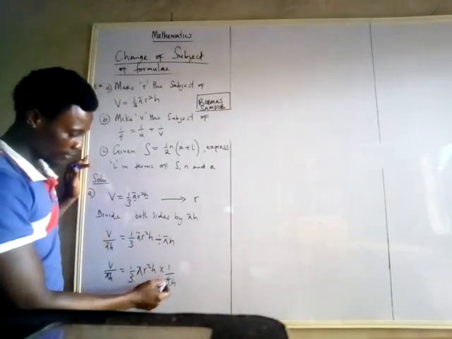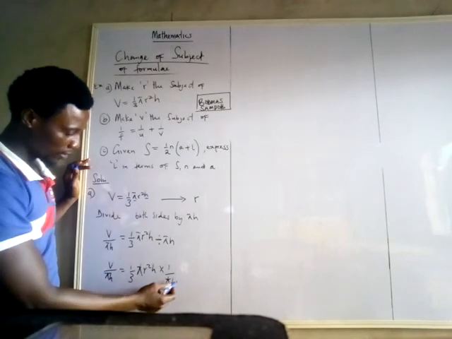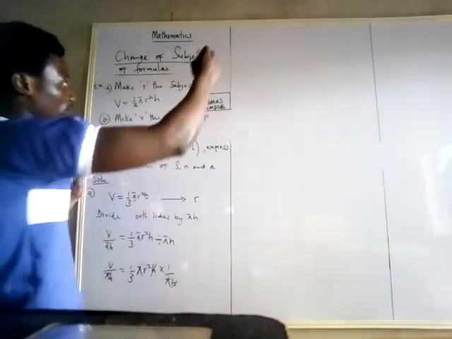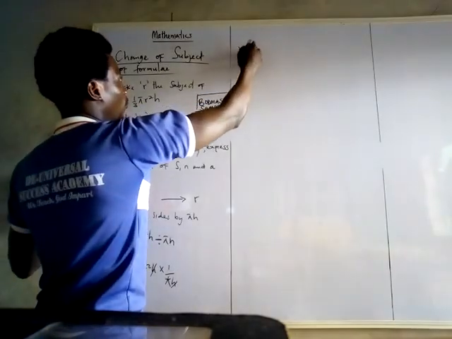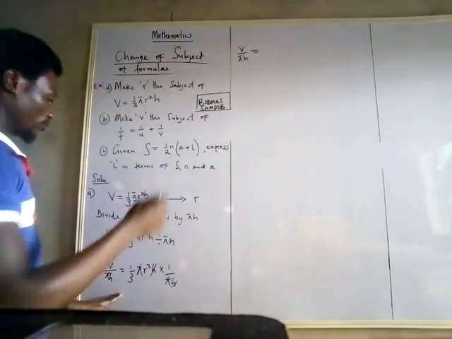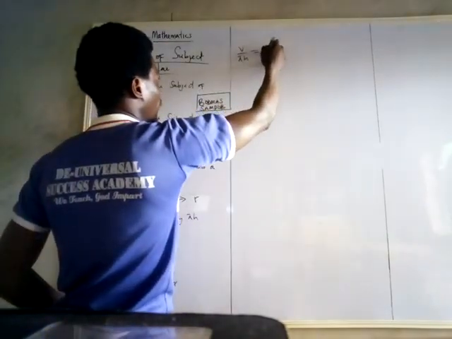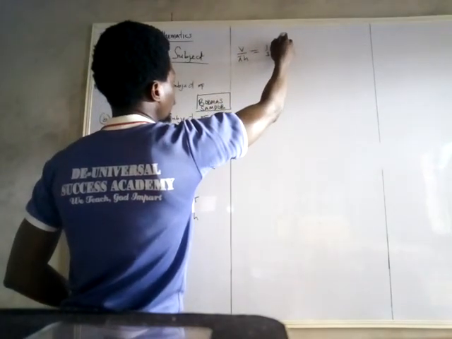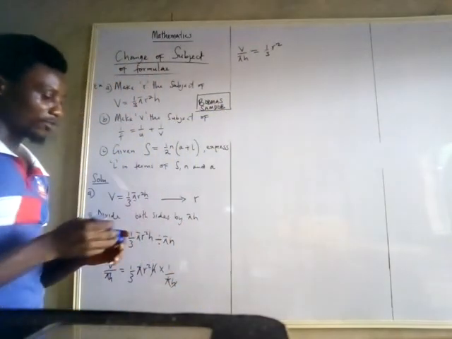Now here we have pi to cancel pi, h to cancel h. So we are left with V over pi h equals 1 over 3 R squared.